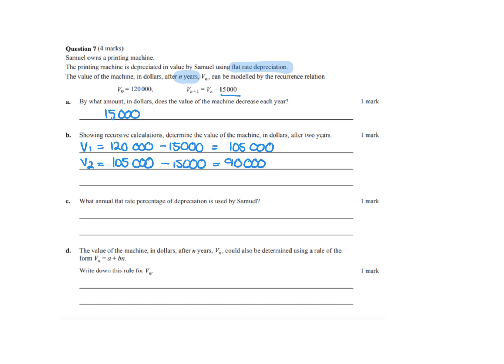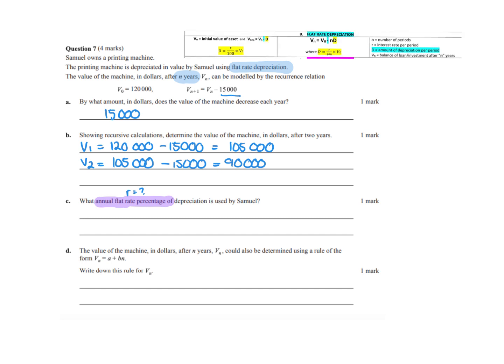Okay, so what is the annual flat rate percentage used by Samuel? So you're looking for R. If you go to your flat rate formulas, I've found it on my sheet and I've just dropped it here for us today. We want the annual flat rate. That R value is in that D formula. And we know what D is because D equals 15,000 in this scenario.